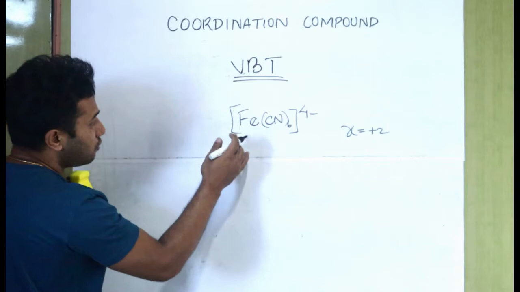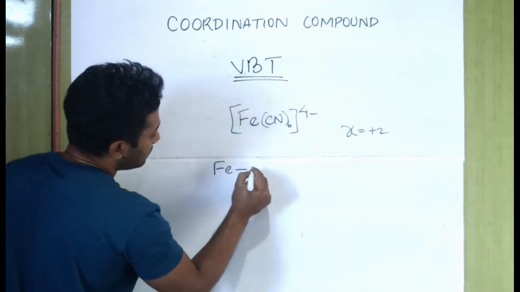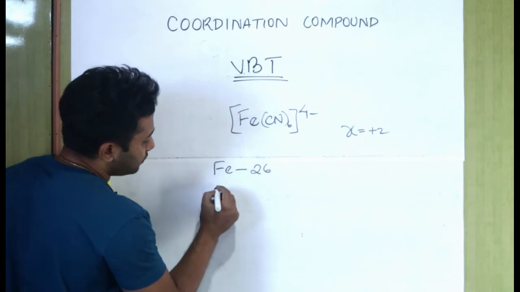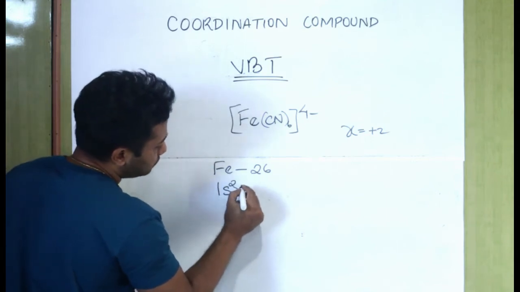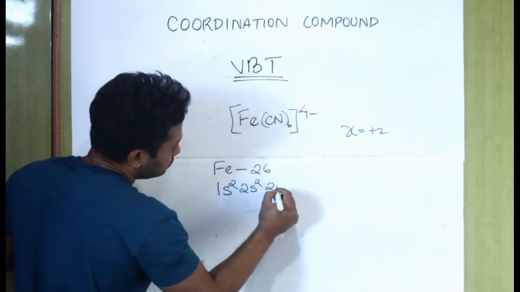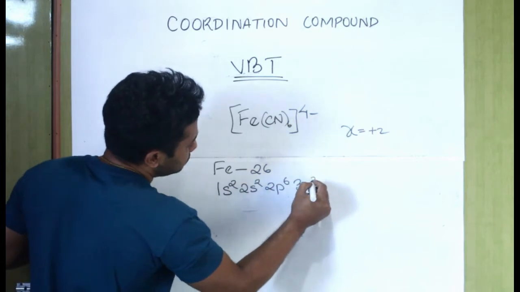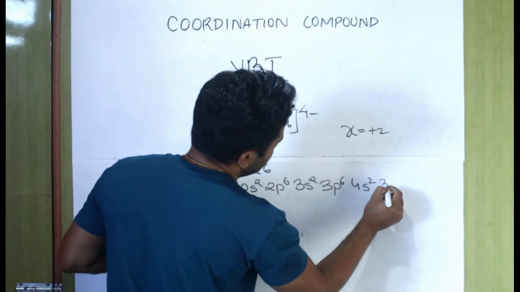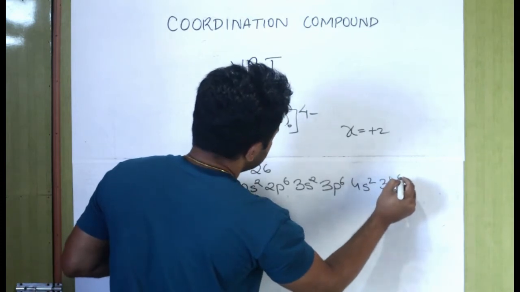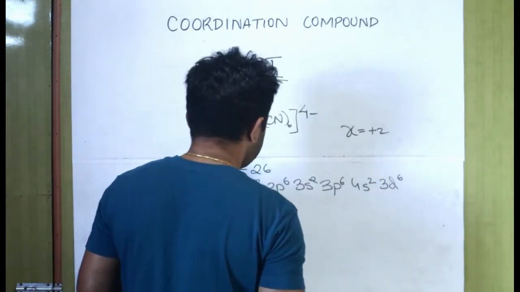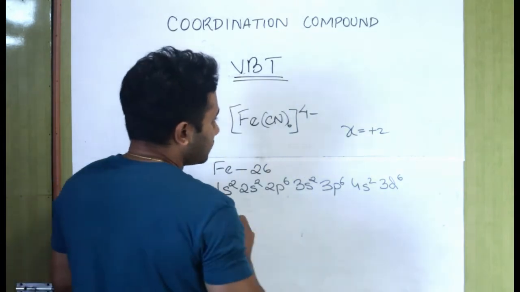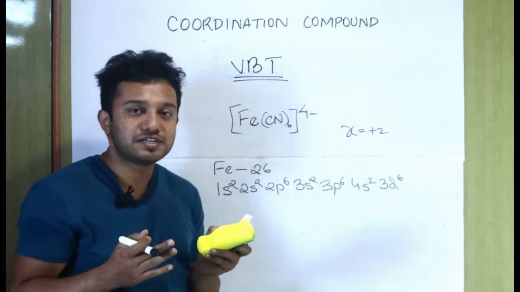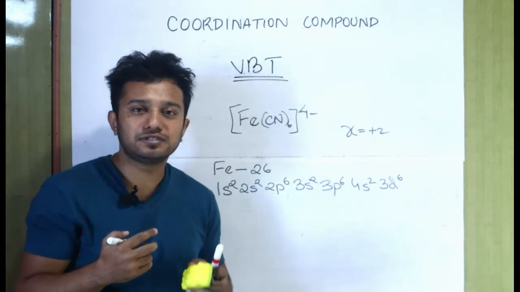The atomic number of iron is 26. So if I write the electronic configuration, I shall have 1s2, 2s2, 2p6, 3s2, 3p6, 4s2, 3d6. Since it is plus 2 out here, I need to remove electrons.